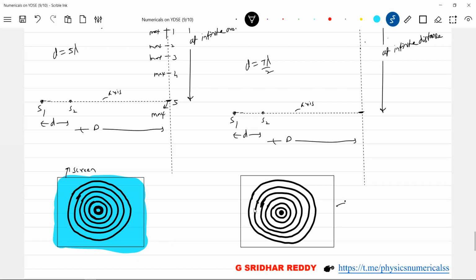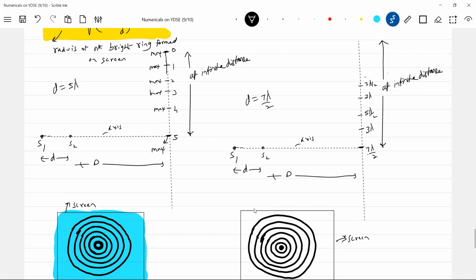On the screen, we'll have... So what is the path difference of the waves here? 7 lambda by 2. Next, after this, what will be the path difference? 3.5 lambda. Next, we'll get 3 lambda. Next, 5 lambda by 2. 2 lambda. 3 lambda by 2. Then lambda by 2, and the path difference between the rays arriving will be 0.